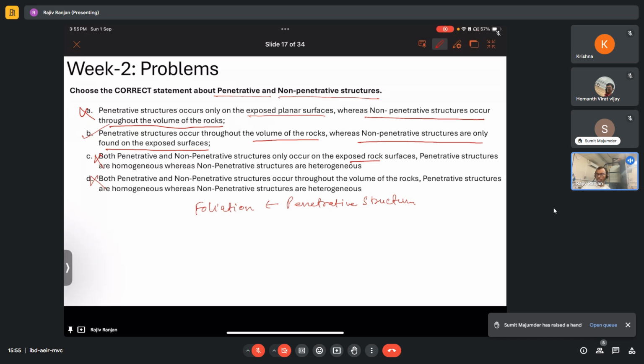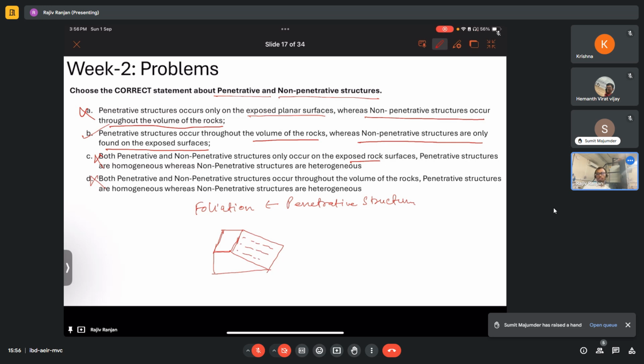For example, you have slickenlines. Slickenlines are present only on the fault surfaces, not in the entire rock.